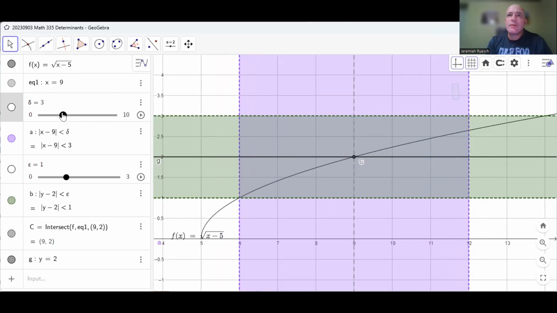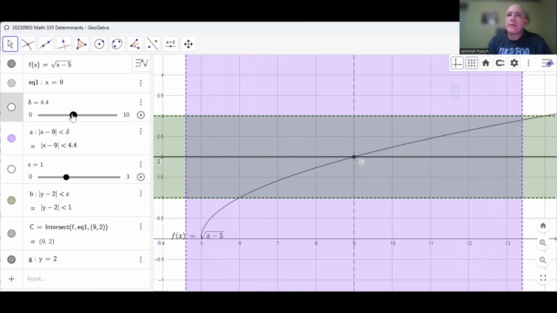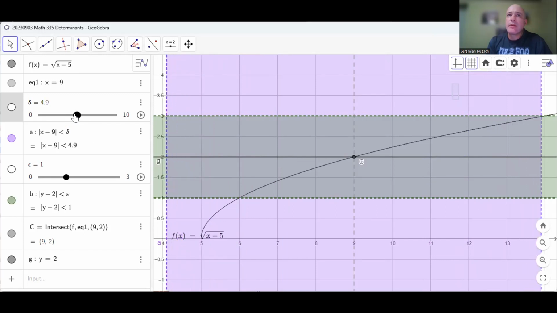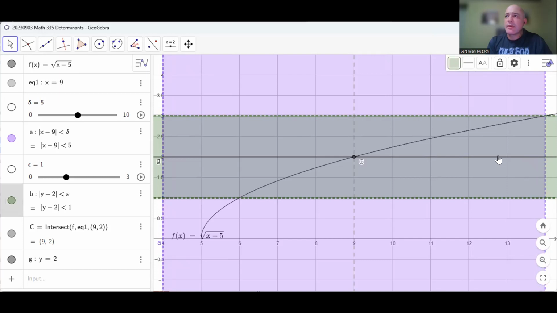Now look, if we choose to have our delta go to 5, the other endpoint, I'm sure you can predict by now that the size of the box is at the exact point where this is at x equals 14, this vertical line, and that's the exact location of where our function exits the box created by the height of epsilon equal to 1. So the size of the box goes from 3 over to 5, so it kind of creates this lopsided box.